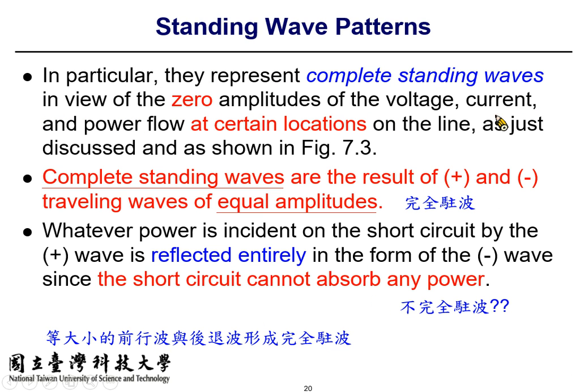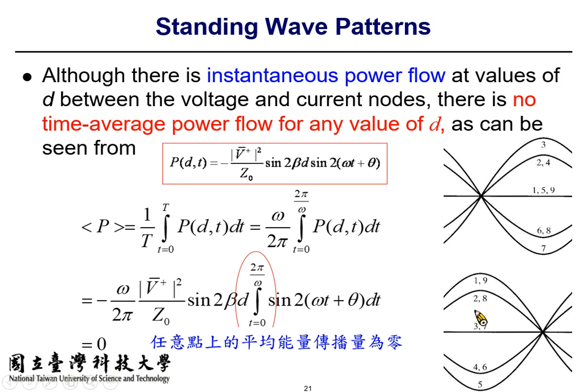But you still have energy residing within the transmission line sections, because you see the time varying voltage signal and time varying current signal. So you can view the transmission line with complete standing wave pattern as a bunch of batteries. Each battery stores some energy, but they do not deliver. They do not have the energy propagate along the line.